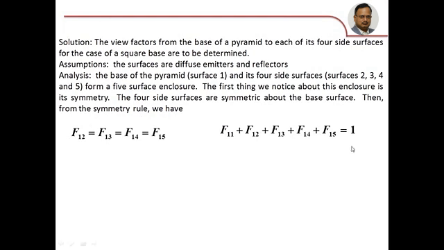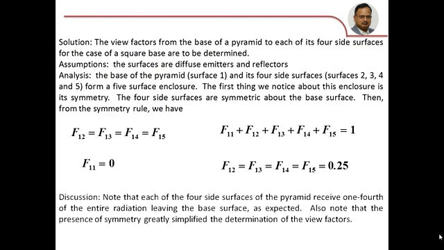This is the symmetry rule. And the summation rule says F11 plus F12 plus F13 plus F14 plus F15 is equal to 1. Because plate 1 is a flat surface, F11 is equal to 0, and hence for each of these 4 parameters the total sum is 1, and each of them is equal, and hence it is equal to 0.25.